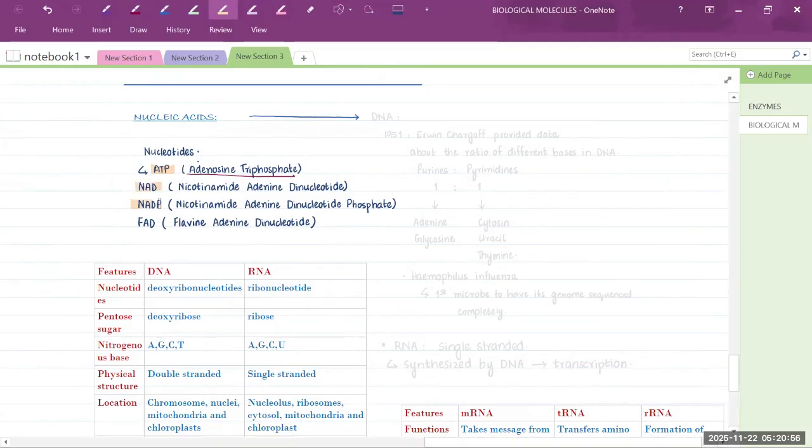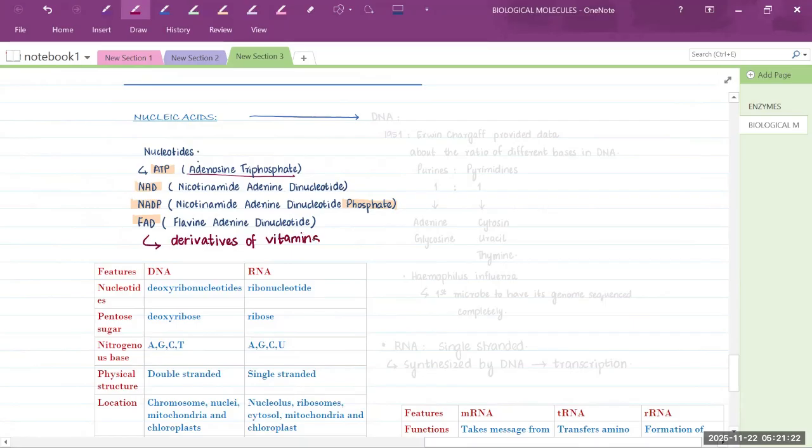We have all heard about these terms, right? We have nicotinamide adenine dinucleotide, and then we just add phosphate to that and we get NADP. We have FAD. We also have to know that they're all derivatives of vitamins. We did this in enzymes too, that all the coenzymes are derivatives of vitamins.